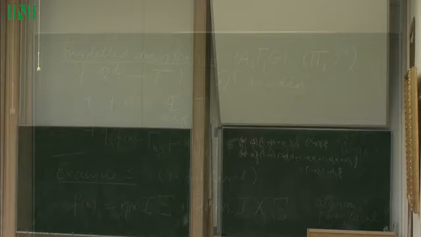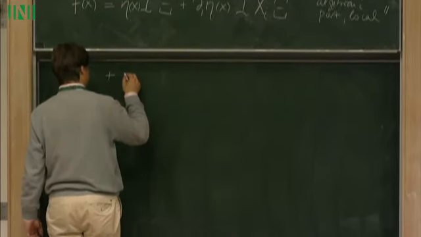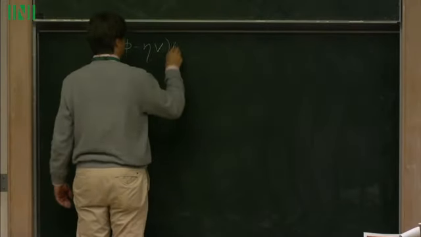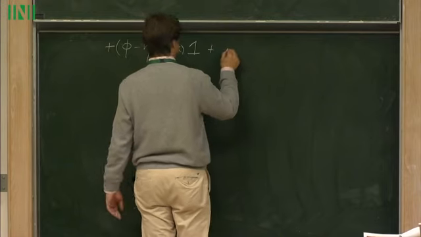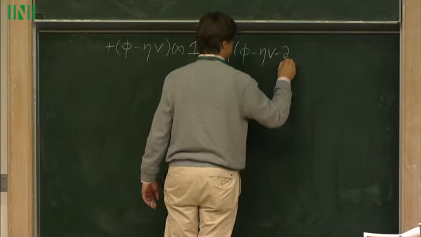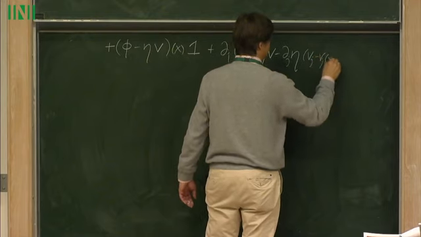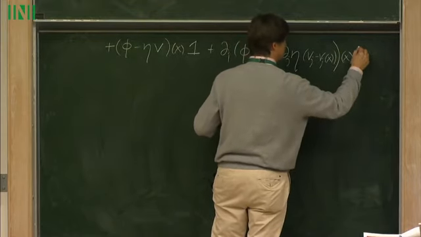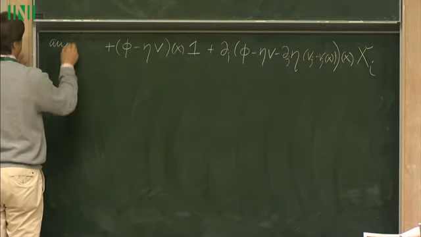And I already wrote it down last time. I write it slightly differently, which makes it even more transparent. So this is (Phi - eta v) evaluated at x times 1, plus (d_i(Phi - eta v) - d_j eta v_j - v_j(x)) evaluated at x times xi. And that's the analytic side.